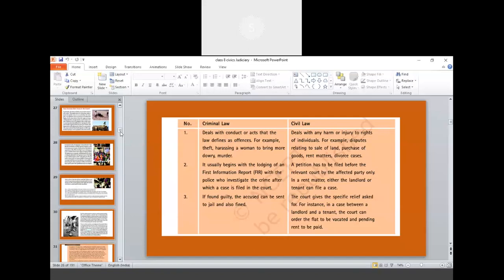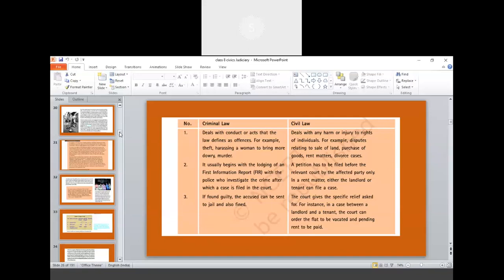The person who is arrested should be produced in the court of law, and the defense lawyer and the public prosecutor argue, and the judge plays the role of an umpire in the court. Based on the evidence, the judgment will be given. In the criminal procedure code, arrest and punishment will be done, but in the civil branch, it is not there. Clear?